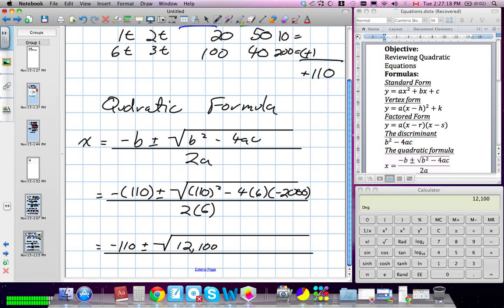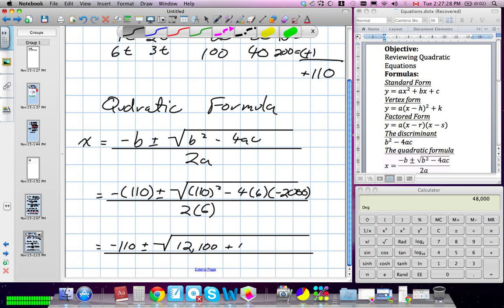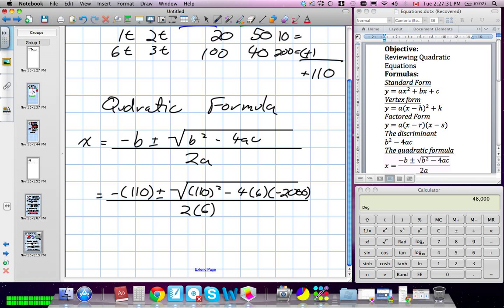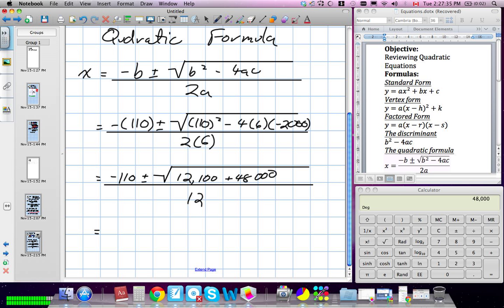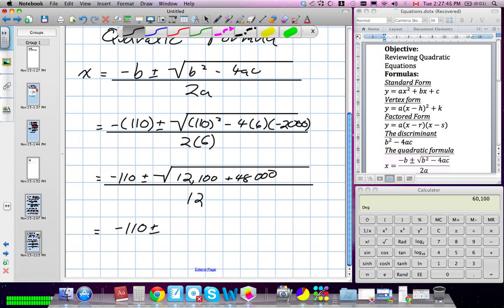We're going to get 2 roots for sure, divided by 12. Negative 110 plus or minus 48,000 plus 12,100 is 60,100. So we're looking for the square root of that number, divided by 12.